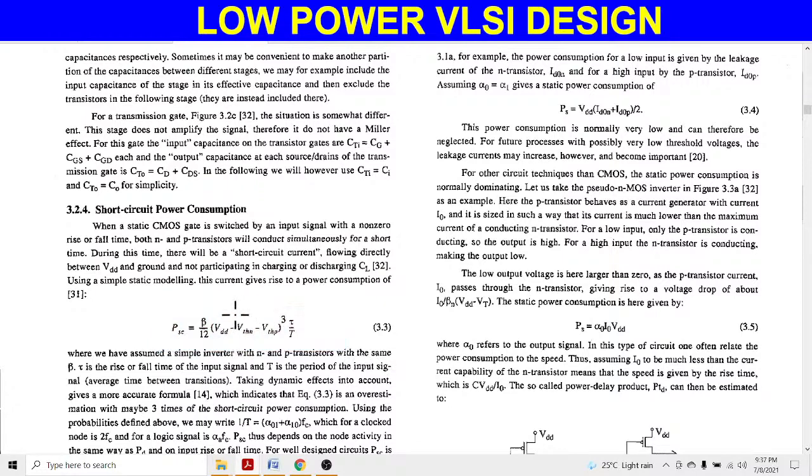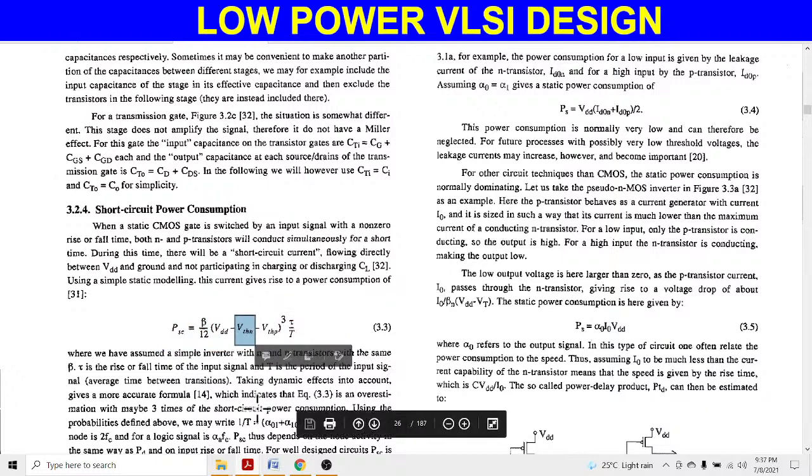Here several factors are represented, such as VTHN, the threshold voltage of the NMOS transistor. The second factor, VTHP, is the threshold voltage of the PMOS transistor, and the first one, VDD, is the supply voltage. Beta is some transistor parameter, and tau is the gate delay.